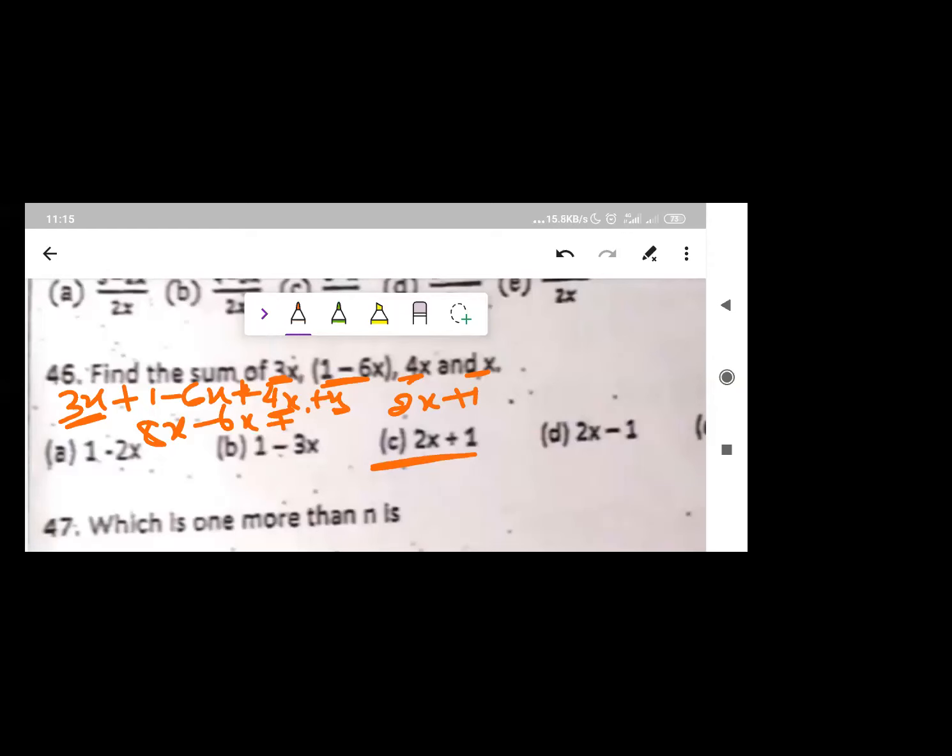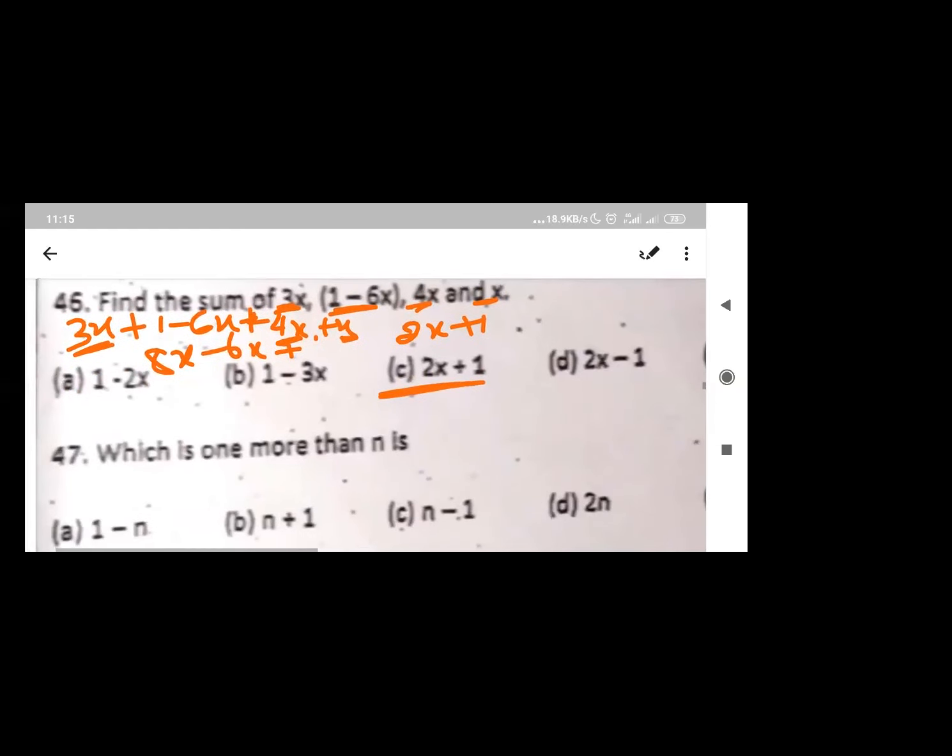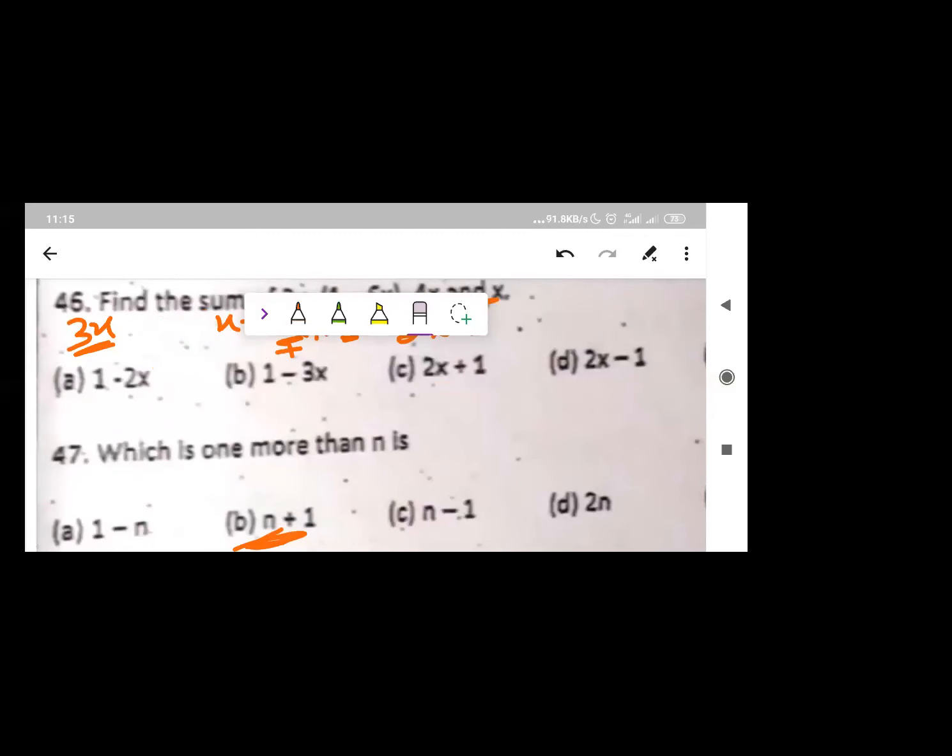So when you are asked what is 1 more than n, it will be 1 plus n, or n plus 1. That's B. So that's the answer to that particular question.